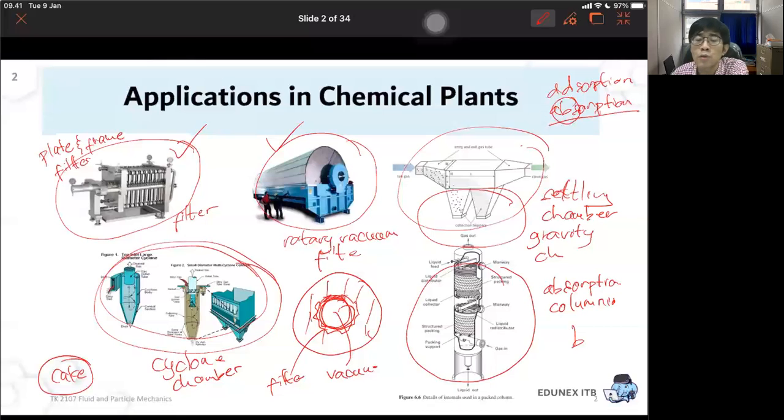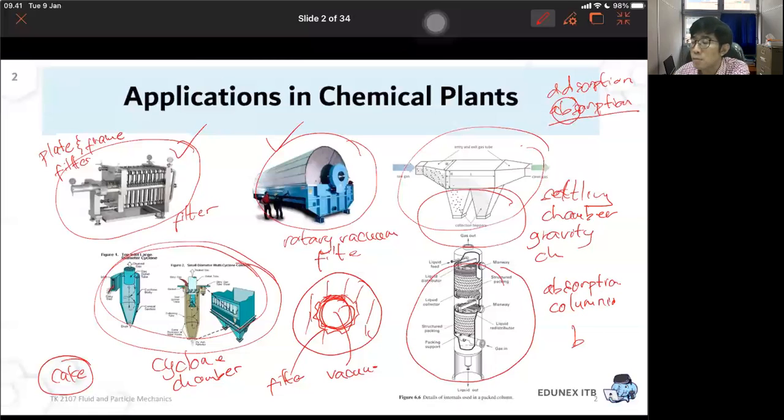How to do it? You contact it with liquid, so the liquid will take the CO2 from the gas. But if you want to take the CO2 from the gas using the liquid, the gas and liquid need to be in good contact. So you use the absorption column.